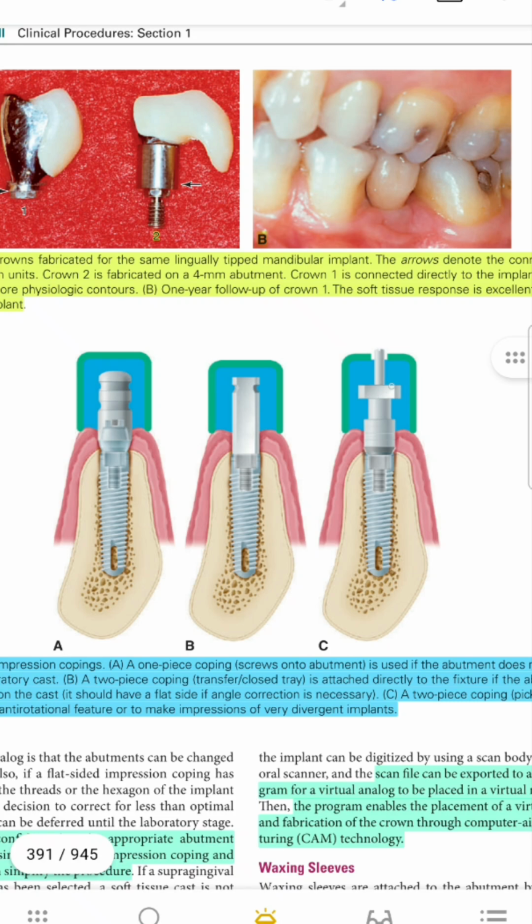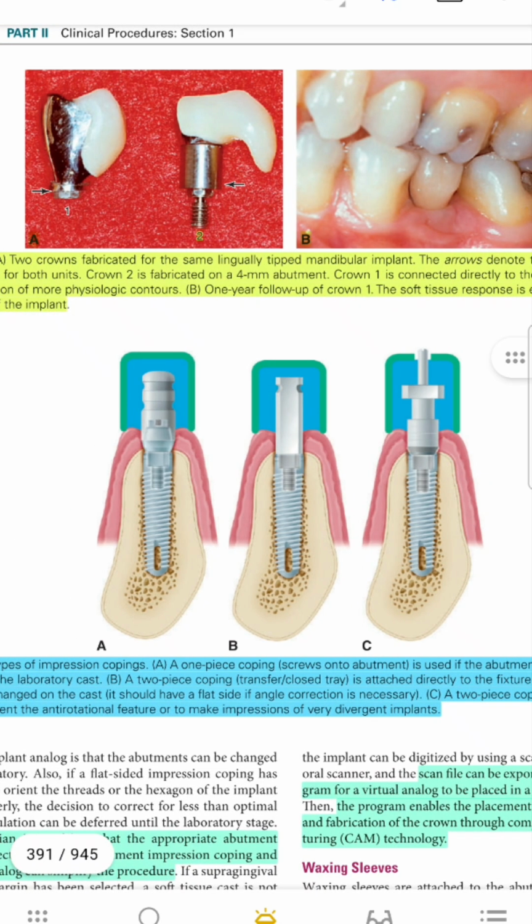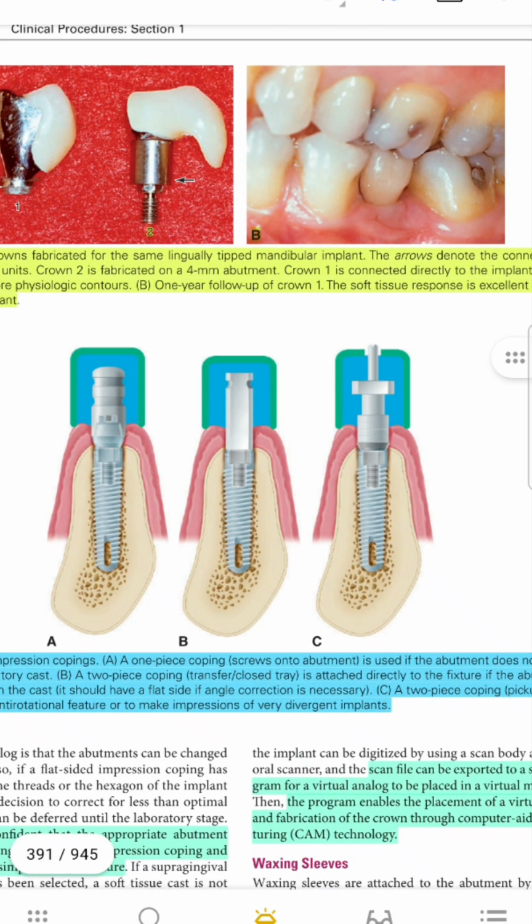So these align the anti-rotational feature where we have multiple implants that are divergent and they have different anti-rotational direction, so they all must be aligned, and the abutment must be fixed aligned to this direction of the anti-rotational screw.